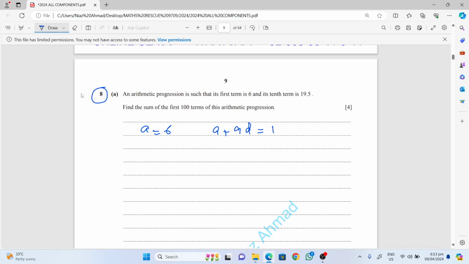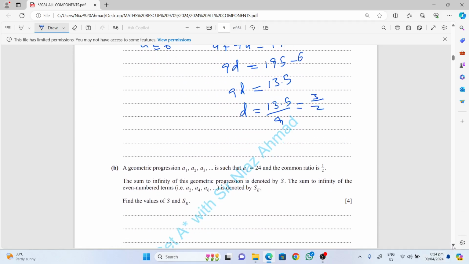A plus 9d is 19.5. So 9d will be equal to 19.5 minus a, which is 6. So 19.5 minus 6 is 13.5, and this is equal to 9d, and d equals 13.5 over 9, and the answer is 3 by 2. This is the answer for the common difference.